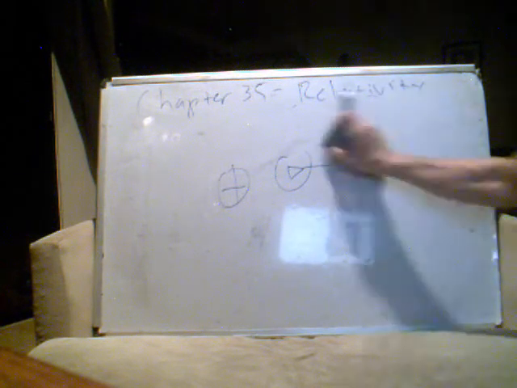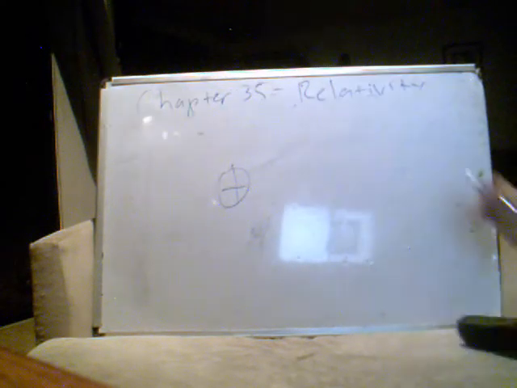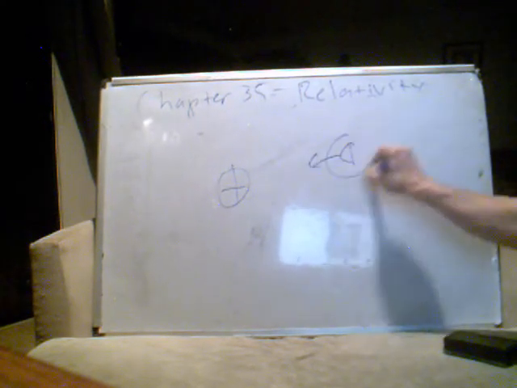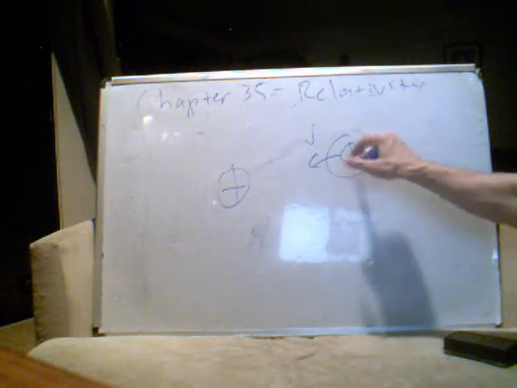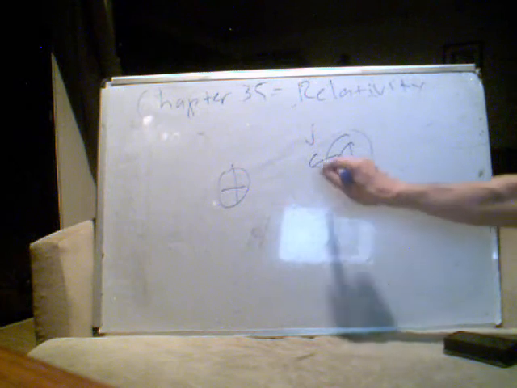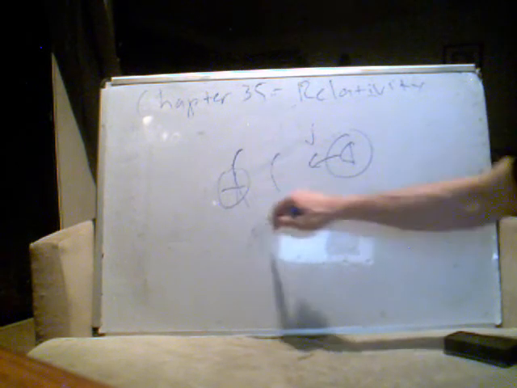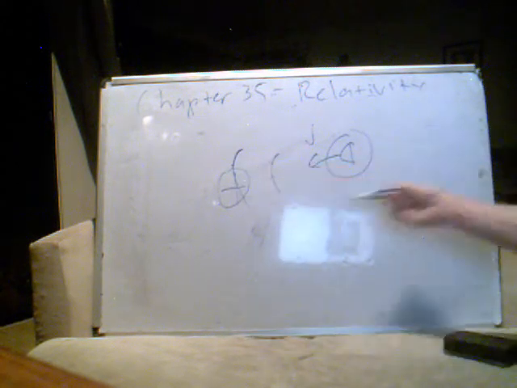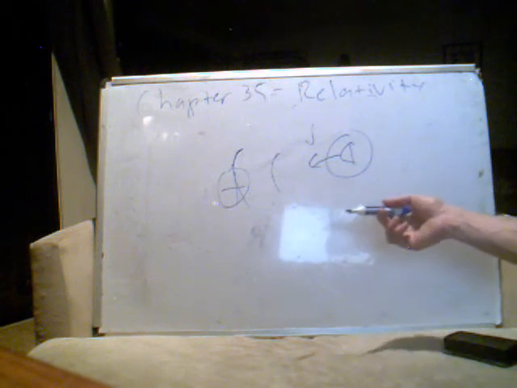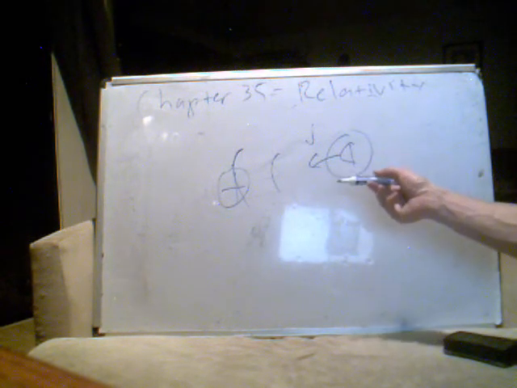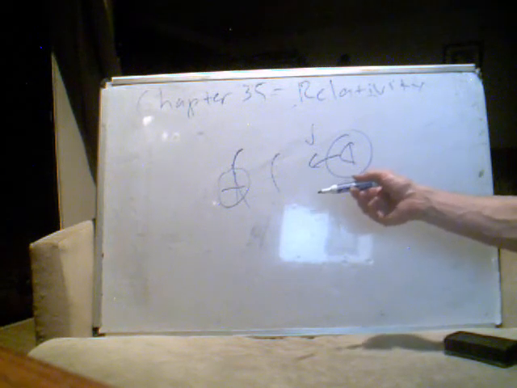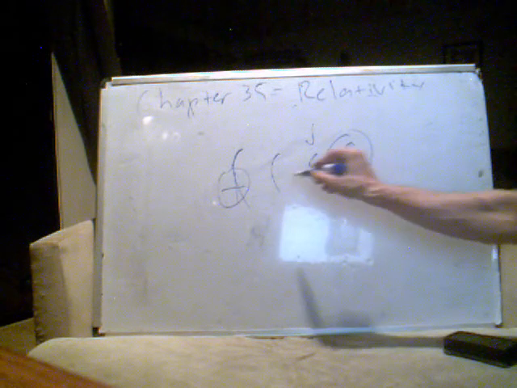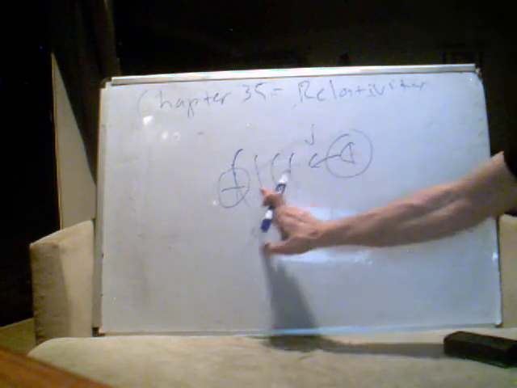If the ship moves toward the Earth, let's say this way instead, at some relativistic velocity, then, like I said, if the ship was stationary, one of these pulses would get to the Earth every 6 minutes. But if this object moves towards the Earth at maximum velocity, then the twin on the Earth will see one every 3 minutes, because the distance between these is going to be getting less and less, right?